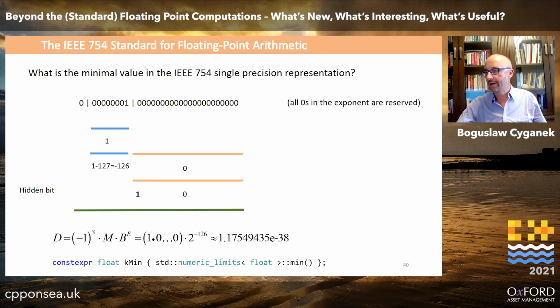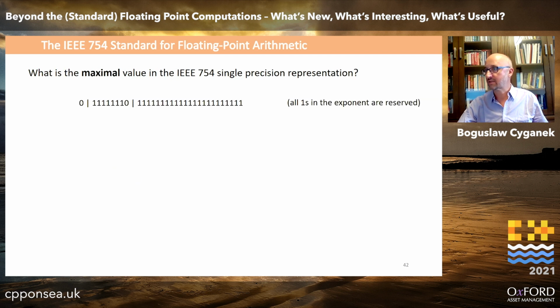The same, and this value can be found out by calling numeric limits of float. We have also maximum here, but what is important to notice is that almost all bits of exponent in this middle part are filled with 1s, and if they are all filled with 1s, this means not a number.